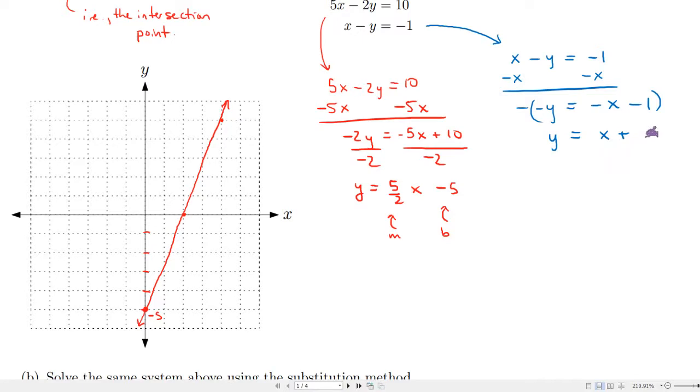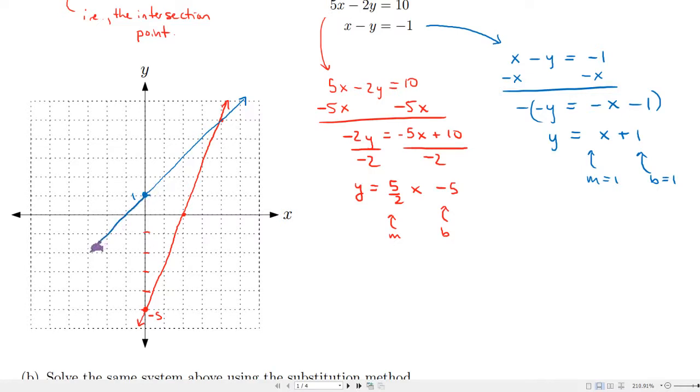So negatives all around. And so our m is 1, and here is our b. Our y-intercept is 1 here. Okay, and our slope is 1. So the rise is 1 versus the run of 1.